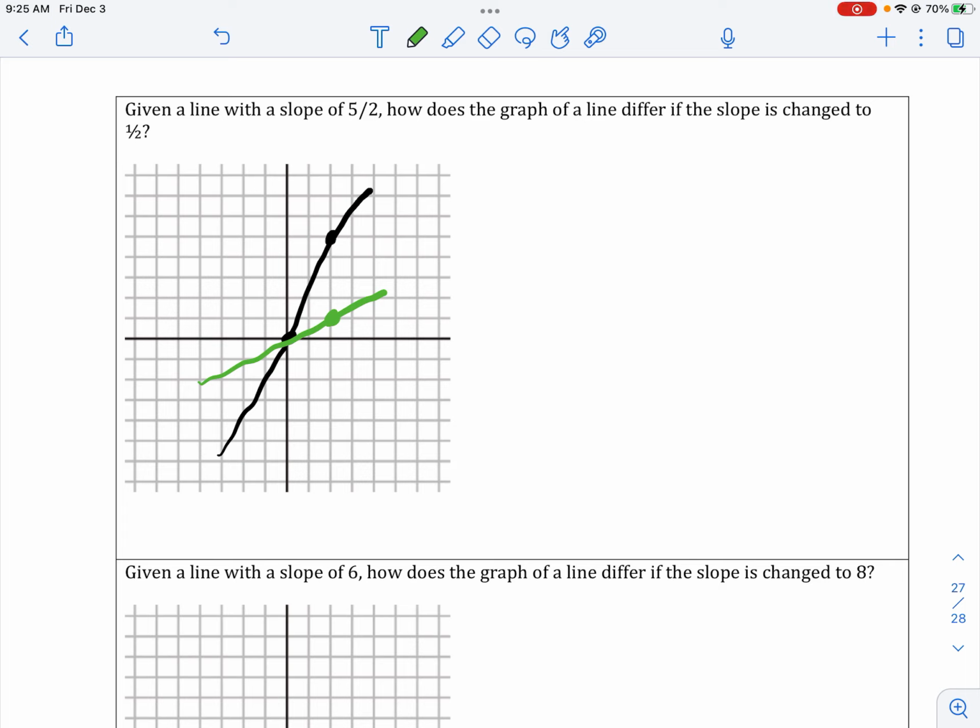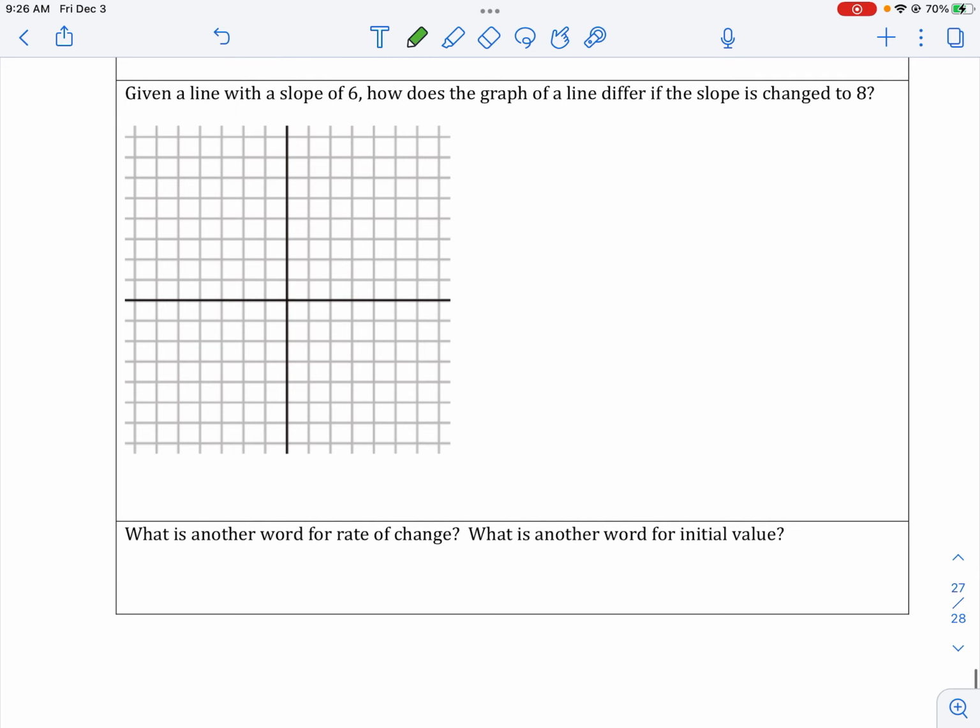So my slope has gone down, so the steepness has decreased. Because the slope went down, from 5/2 down to 1/2, the steepness decreases.